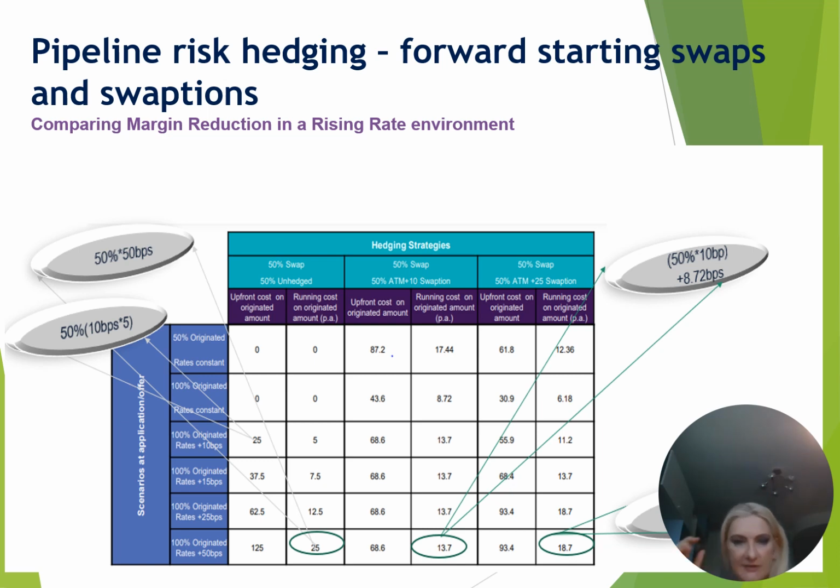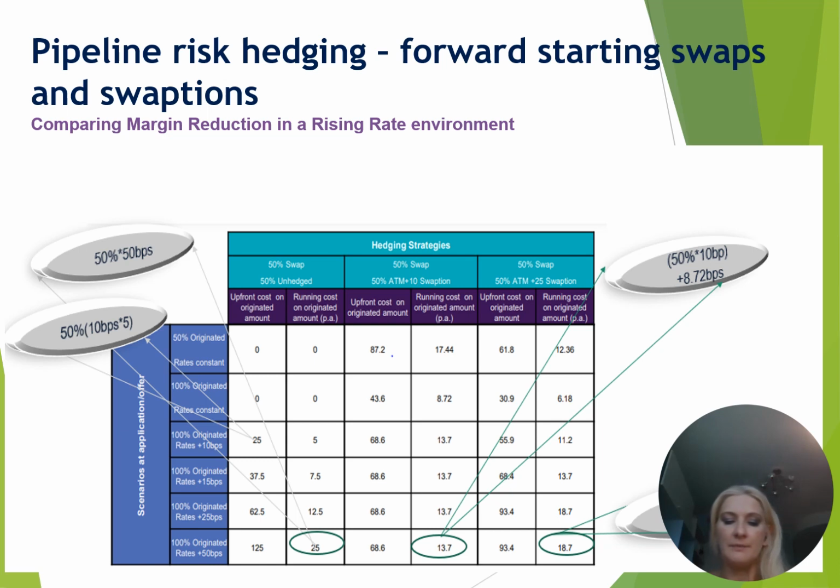For 5 years, it will obviously be 25. You see this under scenario number 3, in the first two columns. The first two columns show the situation when we are hedging 50% with the forward starting swap and 50% remains unhedged.